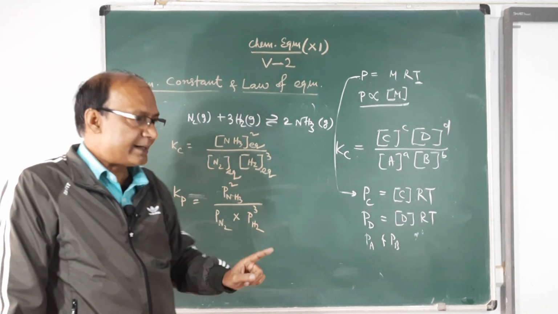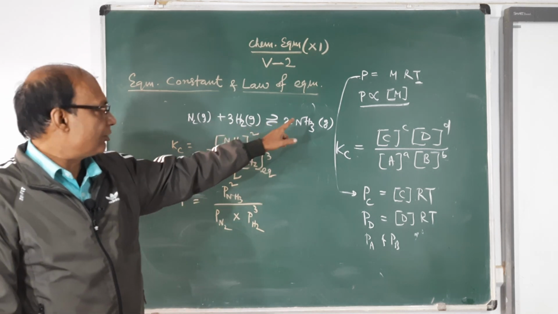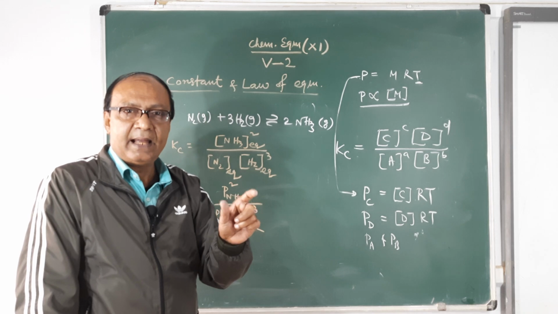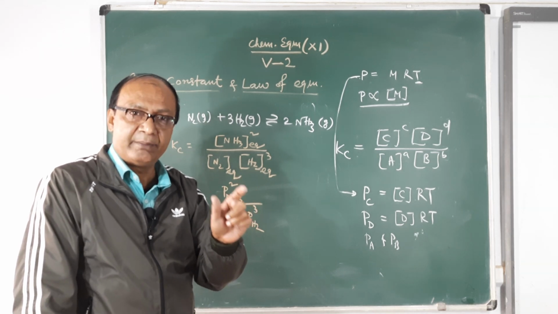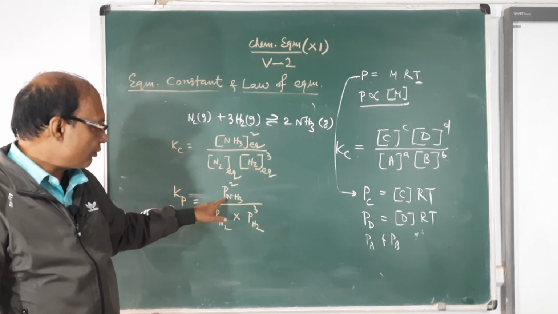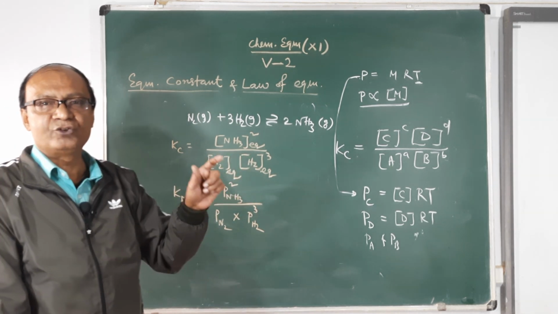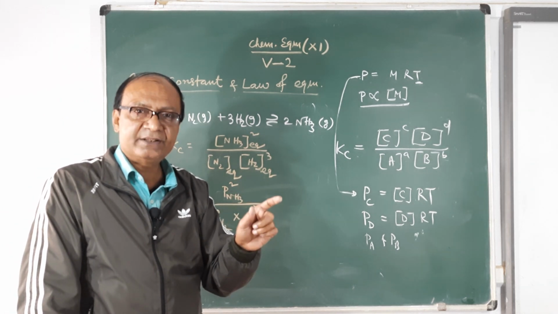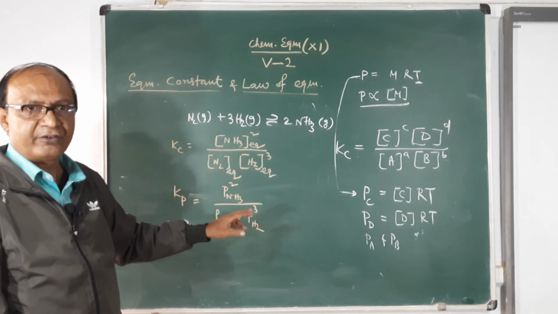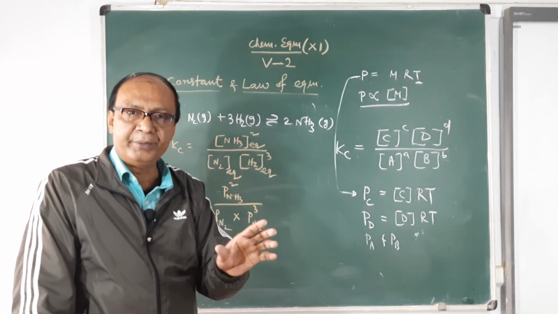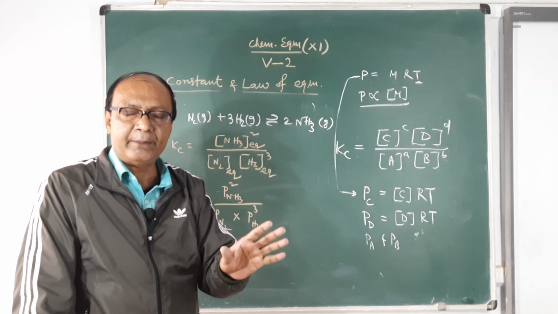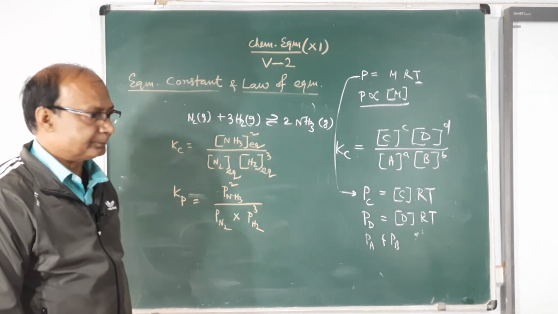Once equilibrium is attained, the pressures of ammonia, hydrogen and nitrogen are measured, and this is known as the equilibrium pressure. Remember it. We do not write EQ here; it is to be understood that it is the equilibrium pressure. So equilibrium pressure and equilibrium concentration values are to be put in order to find the numerical value of Kp and Kc.